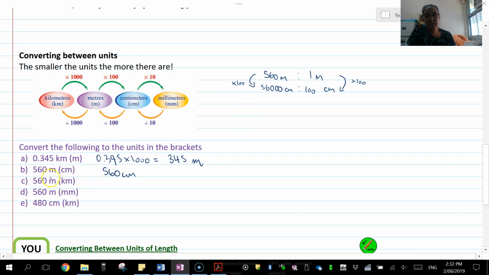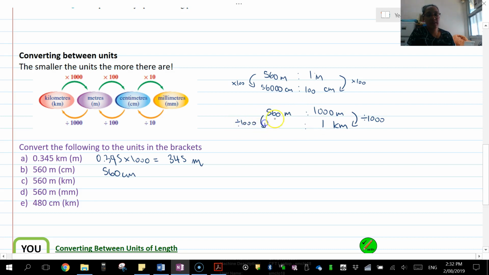This one here, it's still the 560 meters, but now we're going to kilometers. So 560 meters is the same as meters because I want to go to kilometers. So I need to divide by 1000. And what I do on one side must do the other.